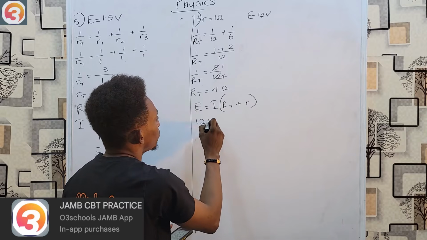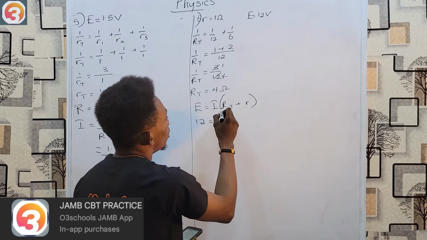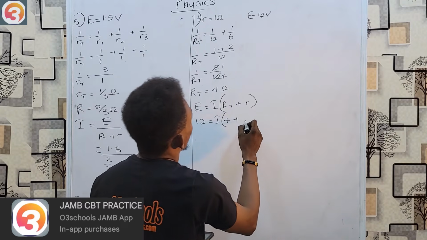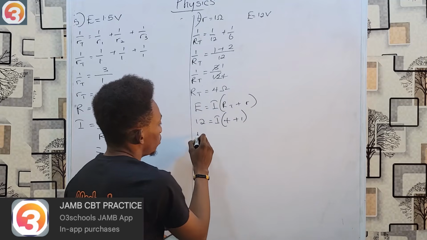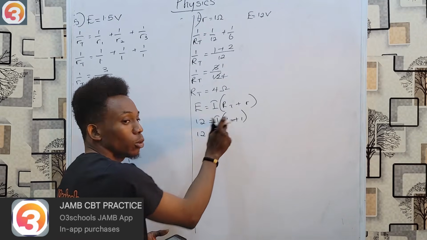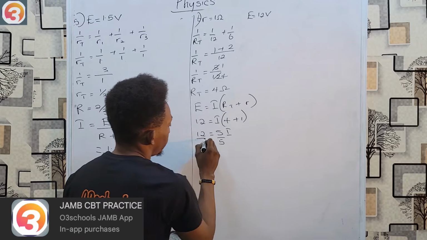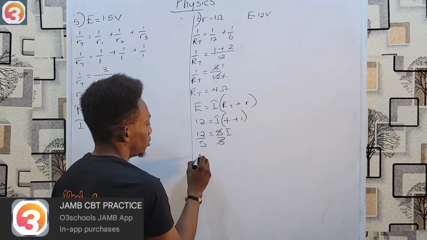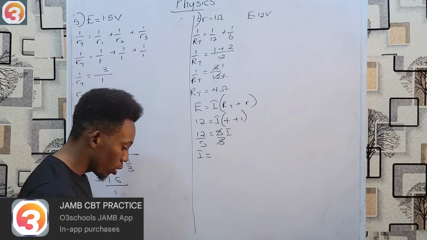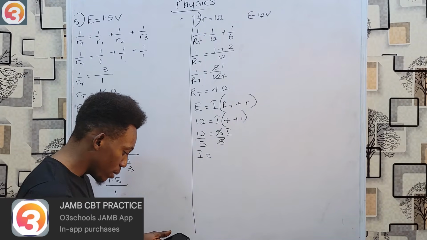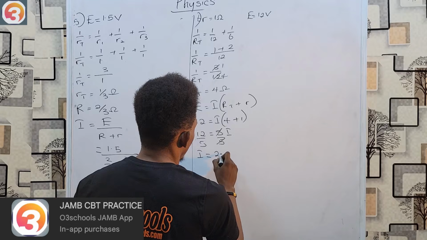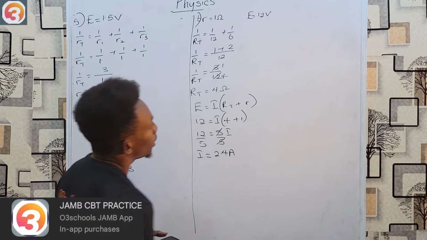My E is 12, I is unknown, R total is 4, and small r is 1. That gives me 12 equals 4 plus 1, which is 5, times I. So I is 12 over 5. If you use your calculator, 12 divided by 5 gives you 2.4 ampere.